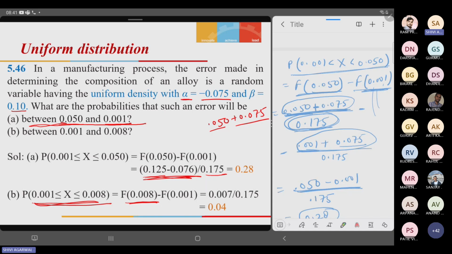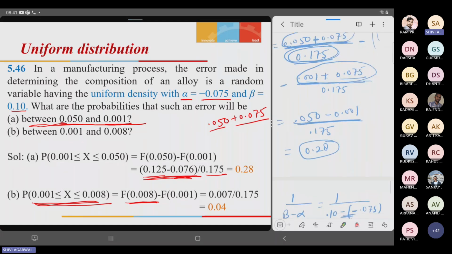Similarly here 0.001 plus 0.075, so it will become 0.076. You can use the same formula directly and find the same answer, 0.28.